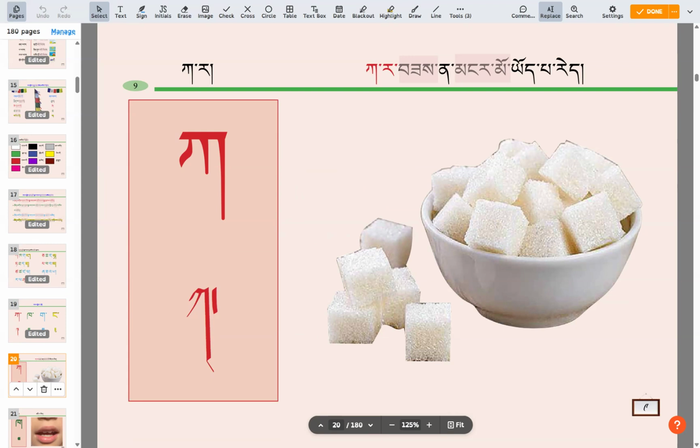So sugar is kara, as you can see from the little indicator here. That's the one word that's got the ka in it. Kara, sugar. Se is like eating in the past tense in this structure here.